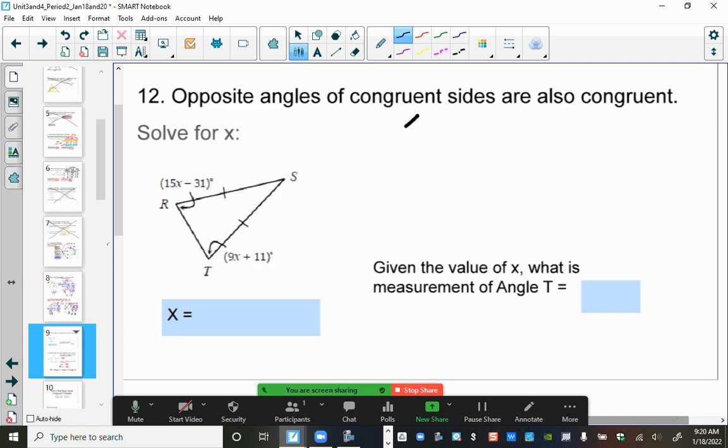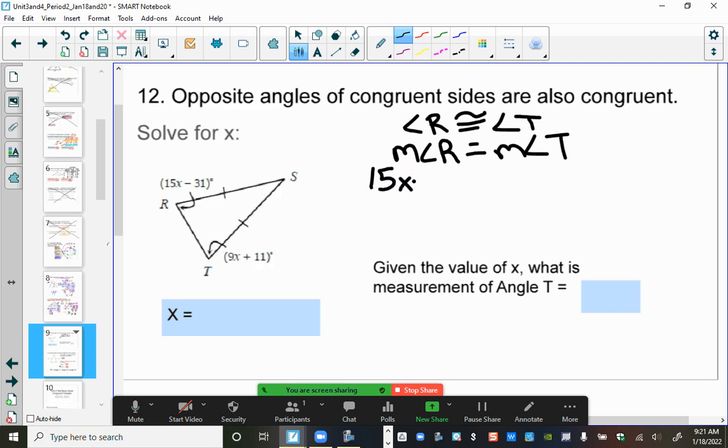R and T are going to be congruent. Their measures are going to be the same. So that means you set their expressions, 15x minus 31, equal to 9x plus 11.